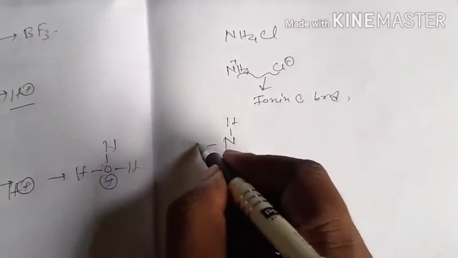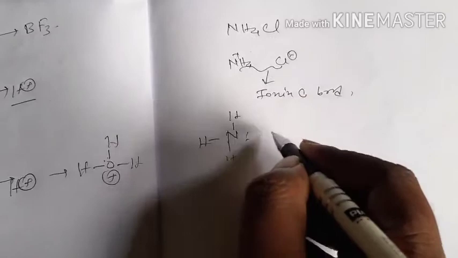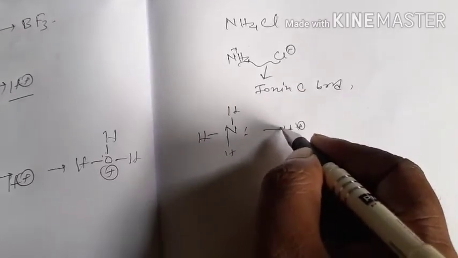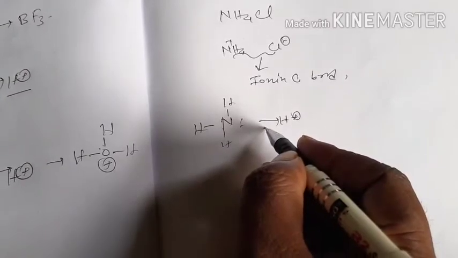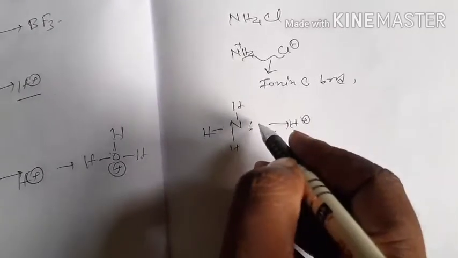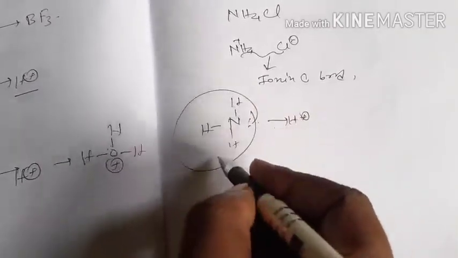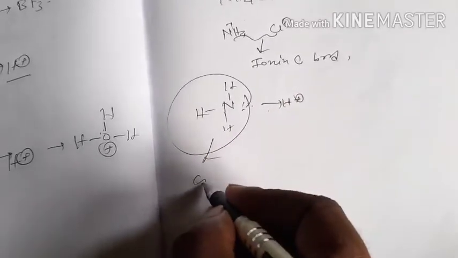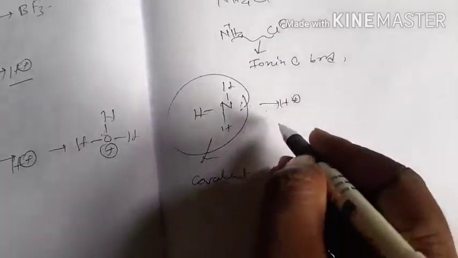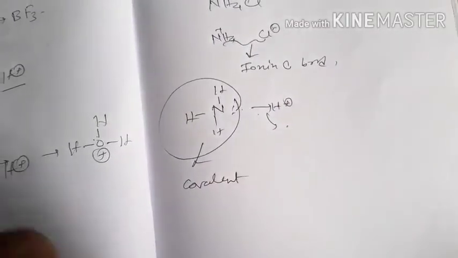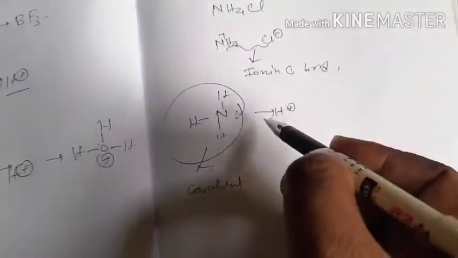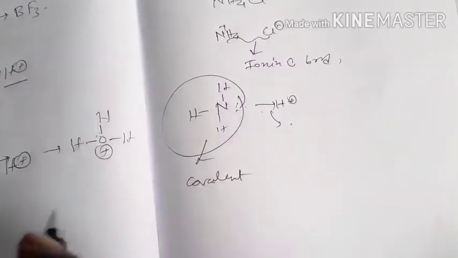When an ammonia molecule coordinates with H+, that means there is a presence of coordinate covalent bond. Again see, the ammonia molecule itself is formed by covalent bonds. That means in this compound all three types of bonds are present: ionic bond as well as coordinate covalent bond and covalent bond.